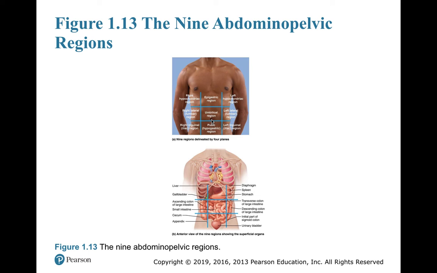Umbilical region refers to the belly button. The right inguinal or iliac refers to either the iliac bone or the inguinal region. Pubic is right above or in the pubic region, and left inguinal and iliac, the same thing. The iliac crest is here, and that's also the inguinal region.